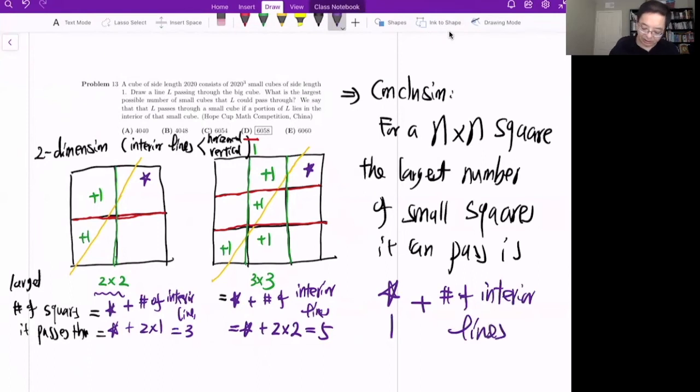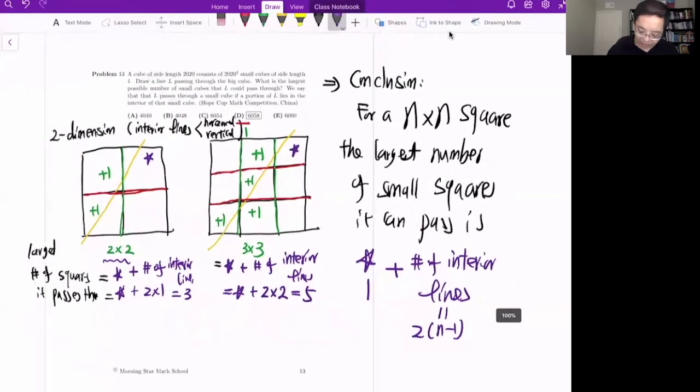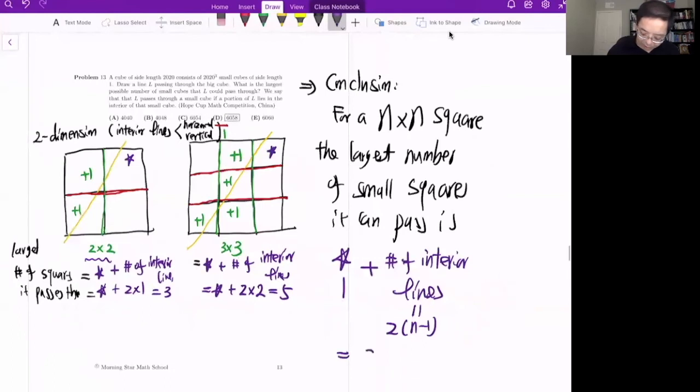So what is that? That's 2 times n minus 1, right? So that's the number of interior lines. So we just get 1 plus 2 times n minus 1, or you can just write it as 2n minus 1. So that's the formula for the square.